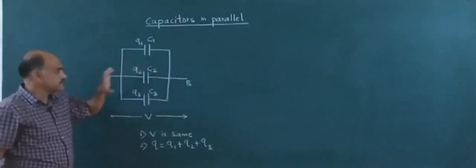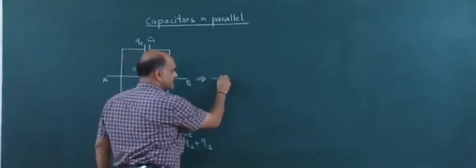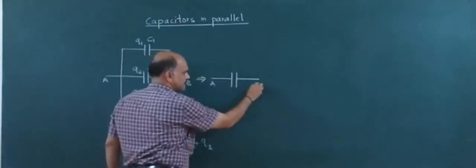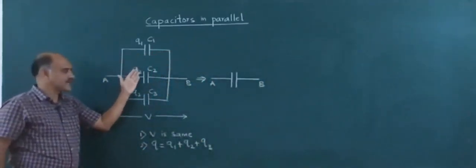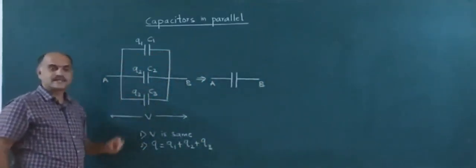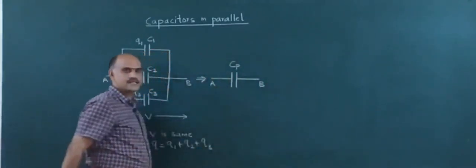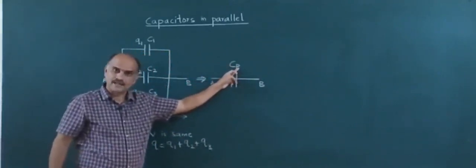Now, instead of these 3 capacitors, if I take a single capacitor which has the same effect as these 3, then it is called equivalent capacitance, and I will denote it by Cp. So equivalent capacitance in parallel.